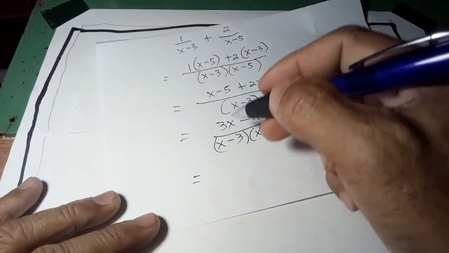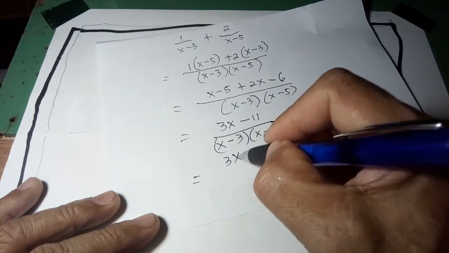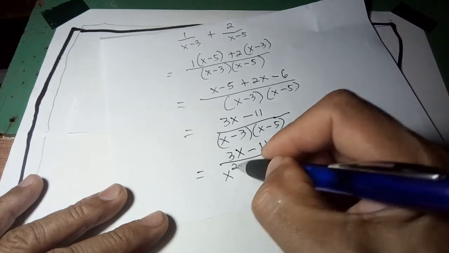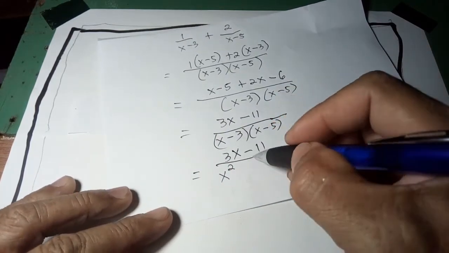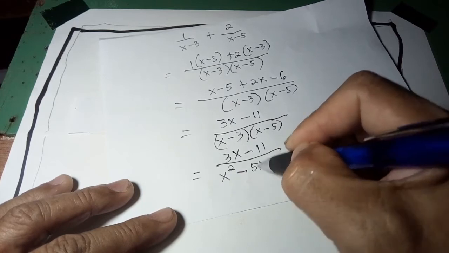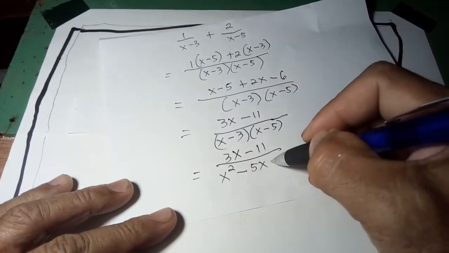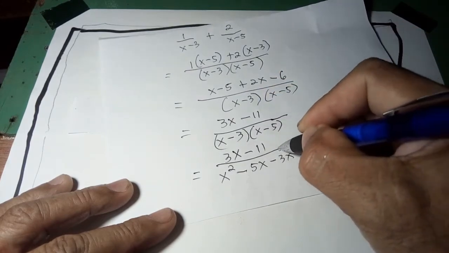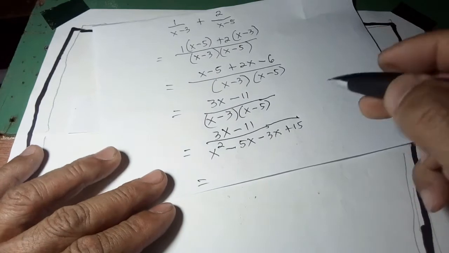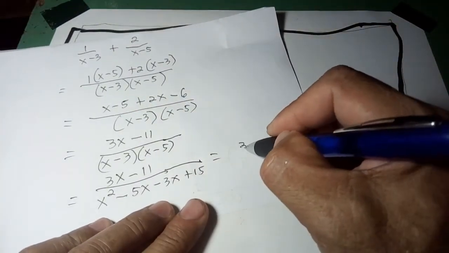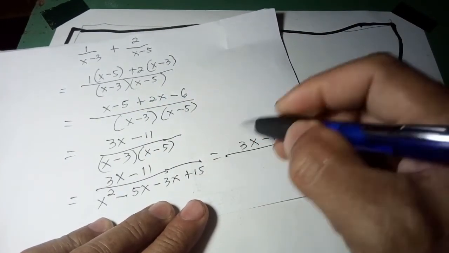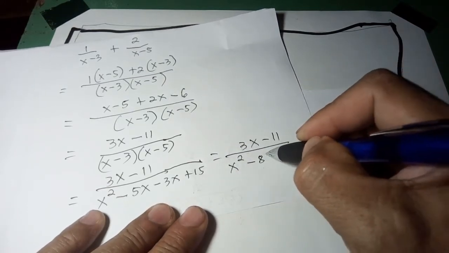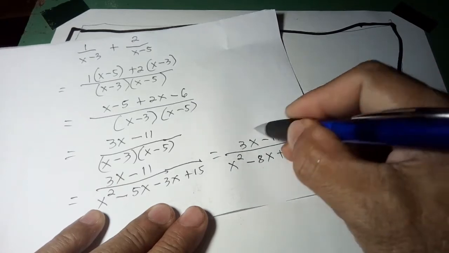Or we can multiply the denominators. The numerator is 3x minus 11 over x squared. x times x is x squared, minus 5x minus 3x. Negative 3 and negative 5 is positive 15. So the final answer is 3x minus 11 over x squared minus 8x plus 15.